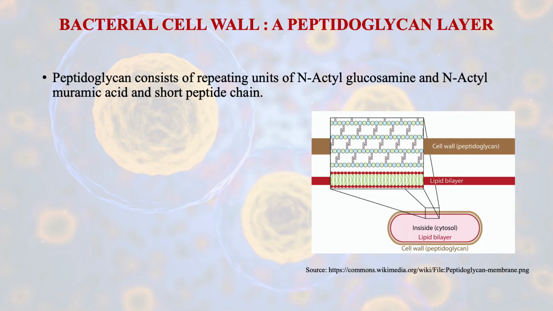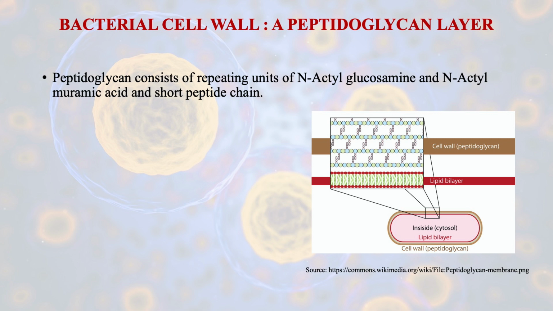Here you can see that the cell membrane of the bacterial cell is covered by the cell wall, which is the peptidoglycan layer, and the repeating units of N-acetylglucosamine and N-acetylmuramic acid joined by the short peptide chain. So the parallel layers of repeating units of N-acetylglucosamine and N-acetylmuramic acid are joined together by the short peptide chain.